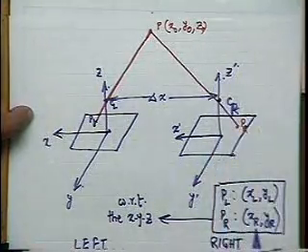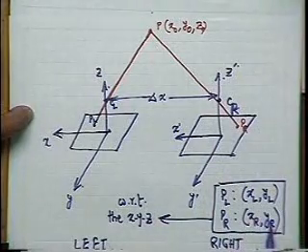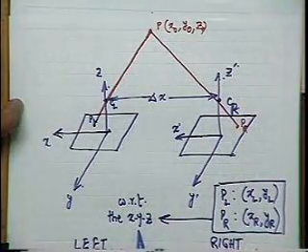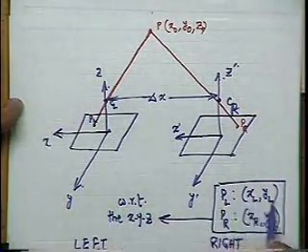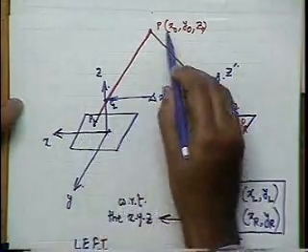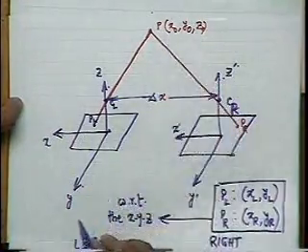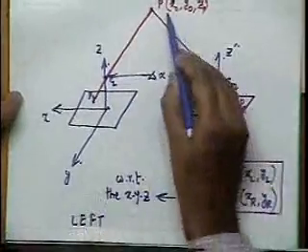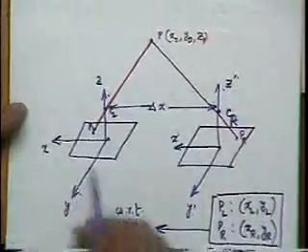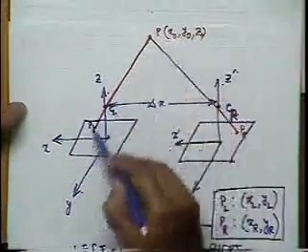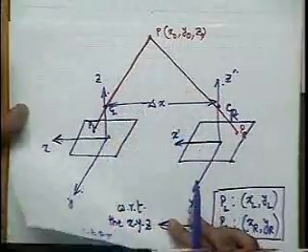It is not. XR, YR is defined with respect to XYZ only. XL, YL is defined with respect to XYZ. Even the point P defined over here is defined with respect to the XYZ coordinate system.